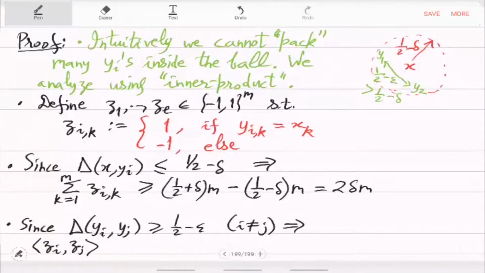Since yi, yj differ a lot, they overlap in fewer places, which means the inner product is expected to be small. How small?